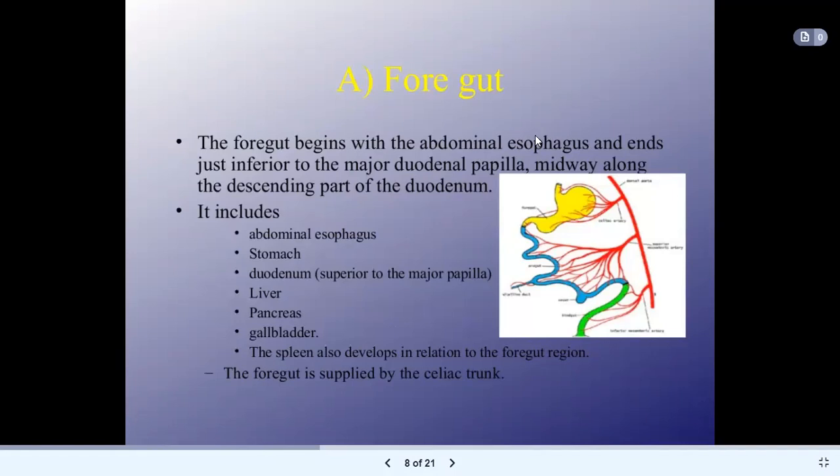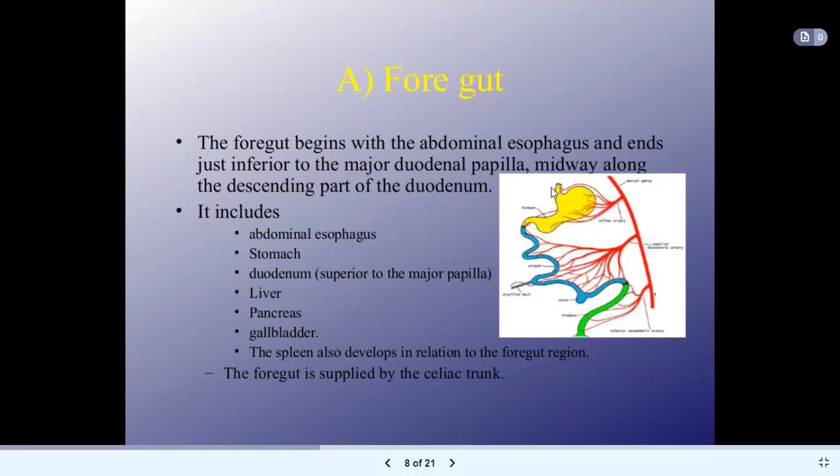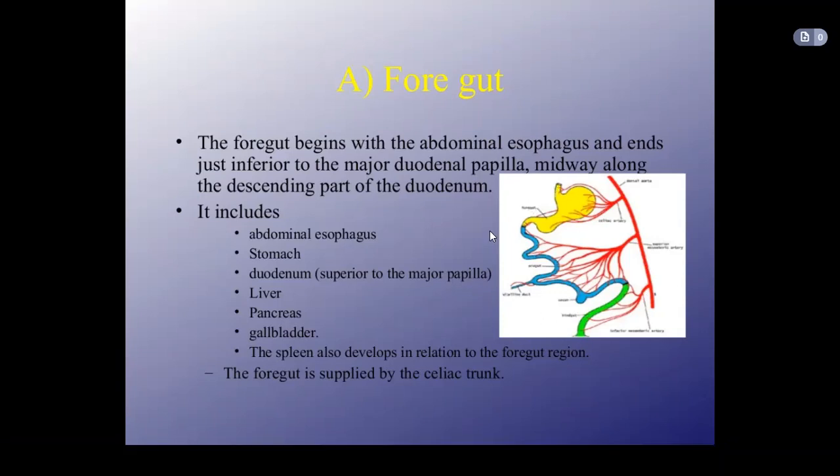Remember when we talked about the stomach, we said that the first part of the stomach that connects the stomach to the esophagus is called the cardia. So the lower part of the esophagus that connects to the stomach is the origin of the foregut. So the foregut starts with the abdominal esophagus, and then the foregut ends in the duodenum.